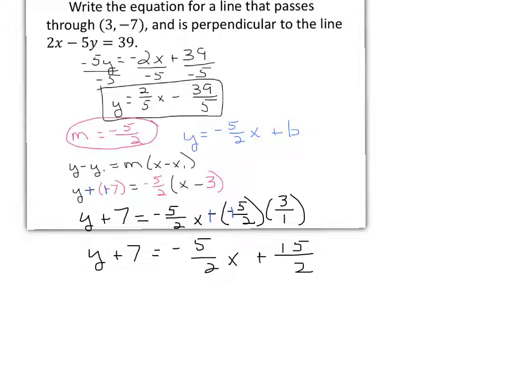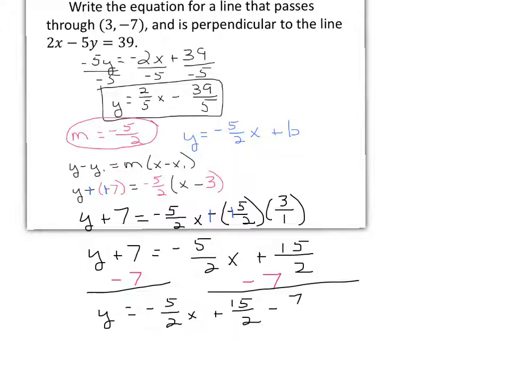But we're not done because we don't have y equals mx plus b. First we have to subtract 7 from both sides, and so we get y equals negative 5 halves x plus 15 halves minus, and then since we're going to have to combine fractions, we write it as 7 over 1, and to get the denominator of 2, we multiply by 2 over 2.